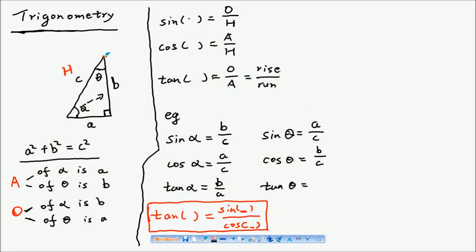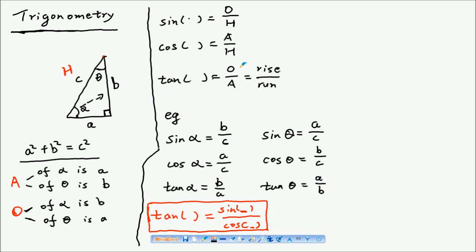So let's look at the angle theta. The rise against angle theta is a, and the run against angle theta is b. So we can write it as a divided by b.